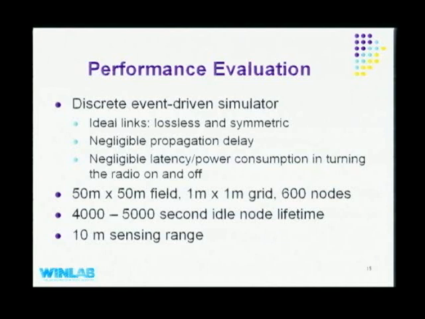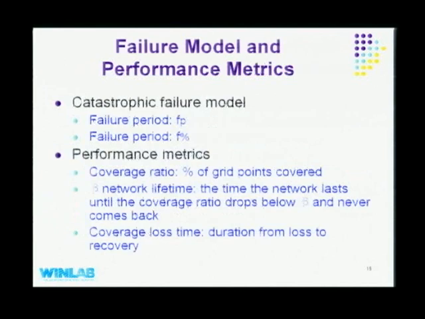It's a 50 by 50 meter field, and the grid we make it 1 by 1. So the typical node number is 600. Also, because we want to take random failure into account, we designed our own failure model, which we call the catastrophic failure model.